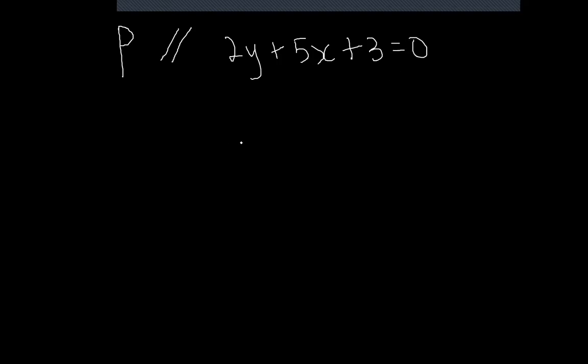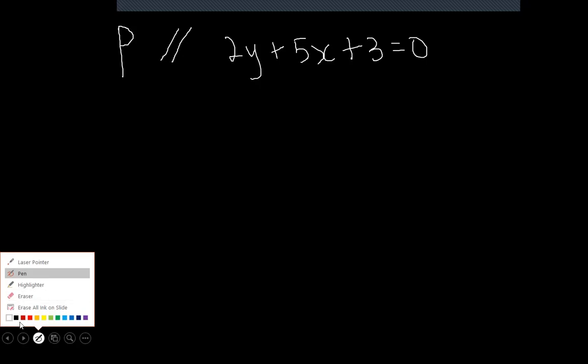All right, so they told us P, a line P, is parallel to another line which has the equation 2y plus 5x plus 3 is equal to 0.